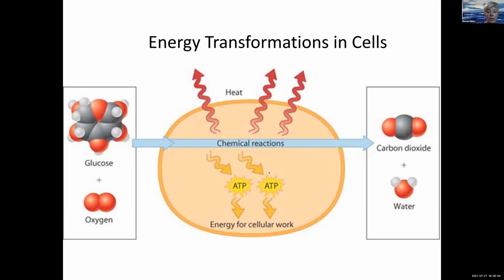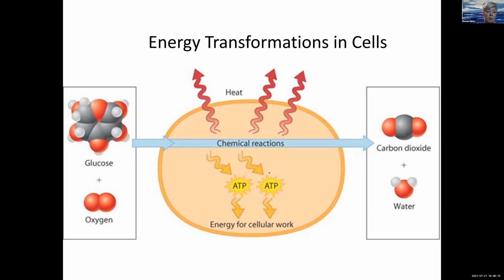So energy that we think of being used to do something in our bodies, for example, going for a run, our muscles are contracting. And the reason the muscles contract is because they have a gazillion little ATPs in the muscle cells providing the energy for those muscle contractions to happen.